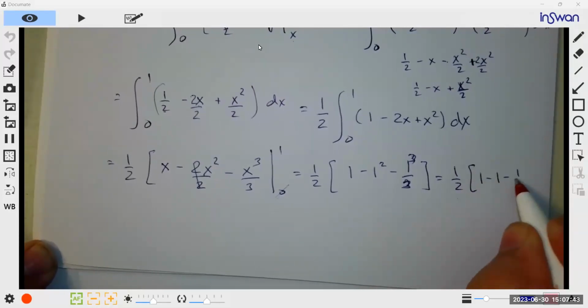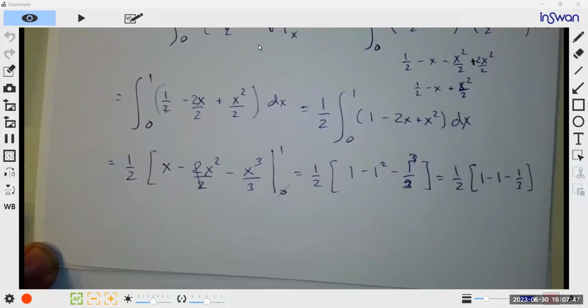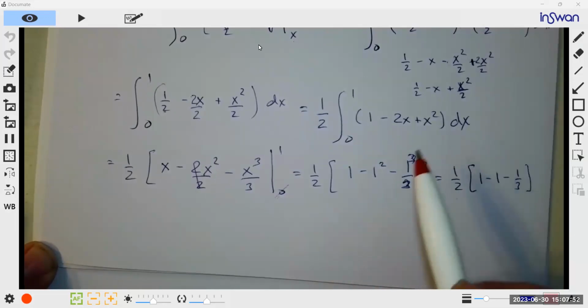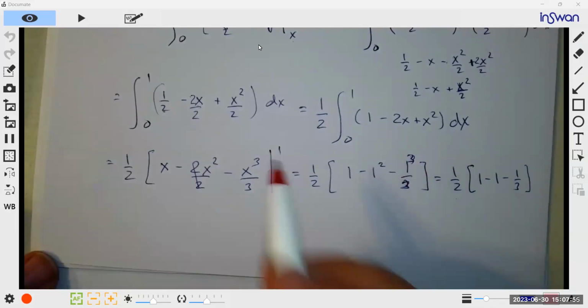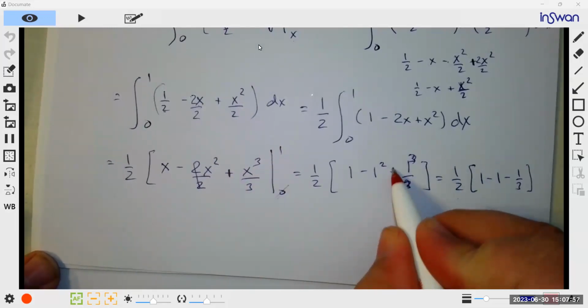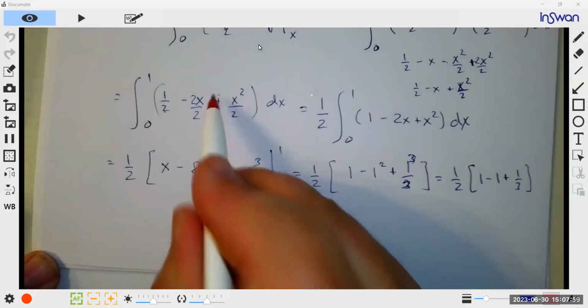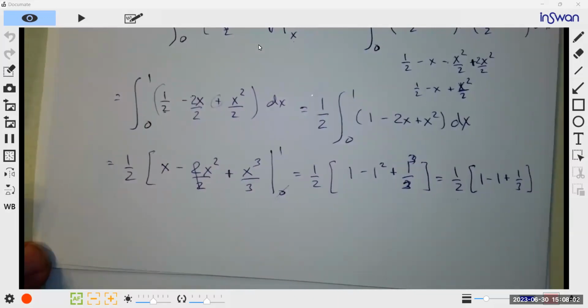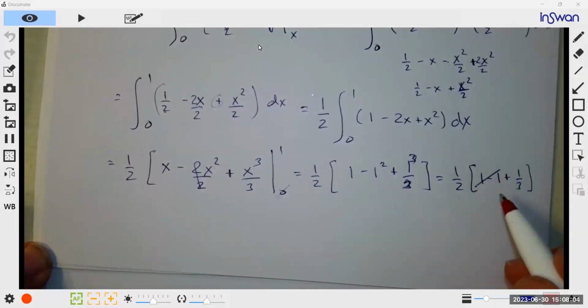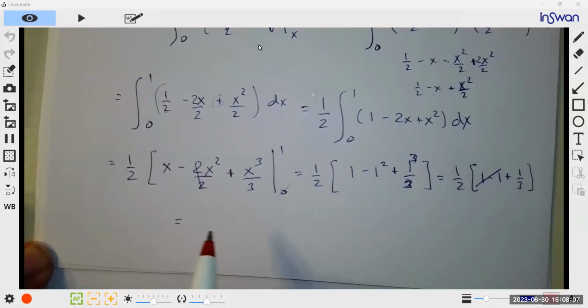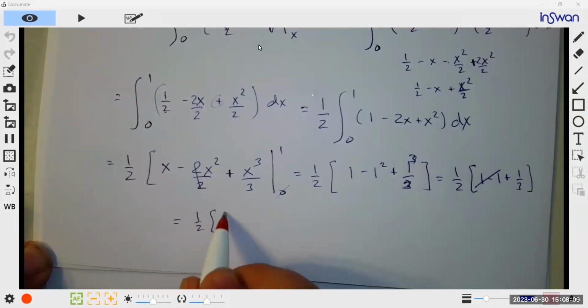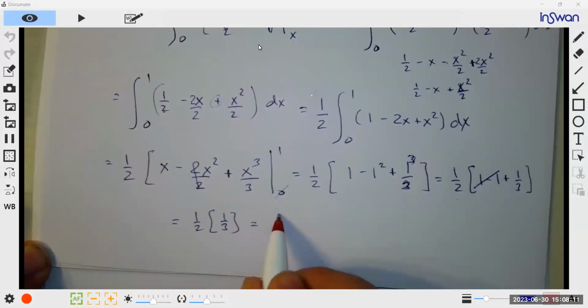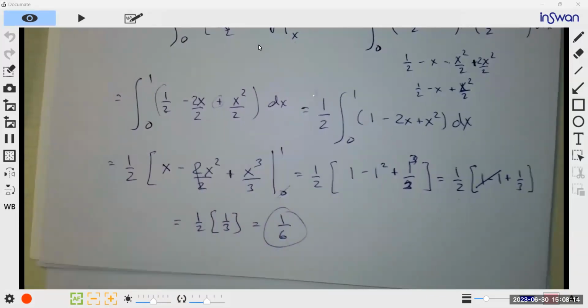One minus 1 plus 1/3. That's a plus. 1 minus 1 cancels. So we have 1/2 times 1/3 equals 1/6. And that's our volume.